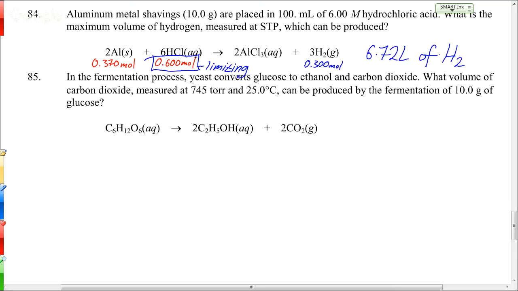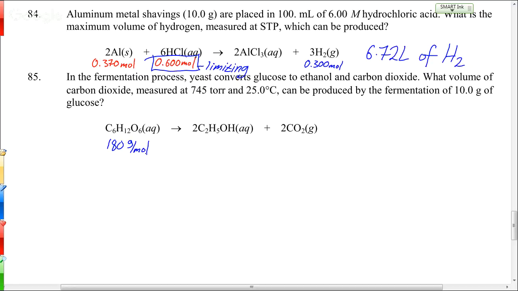Okay, got our balanced equation. What's the molar mass for glucose? Anybody find that? 180. Okay, I'll trust you on that one.